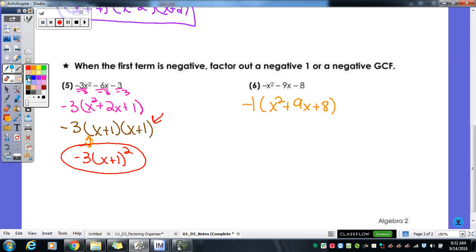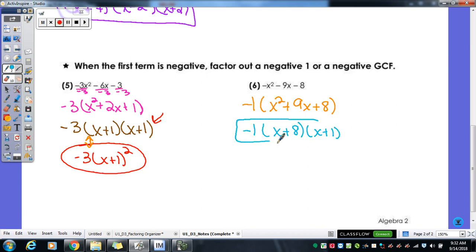So then let's think to ourselves, okay, we got a trinomial. Is there something that multiplies to give us 8 but then adds to give us 9? 8 and 1. So we get x plus 8 and x plus 1. And there we go.